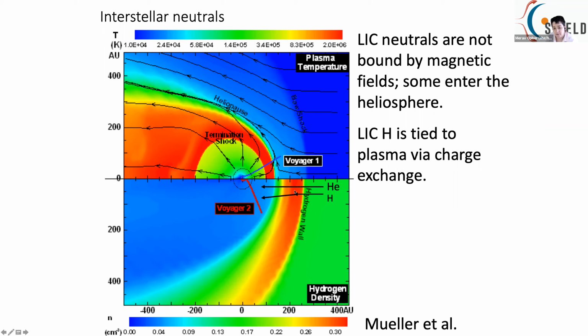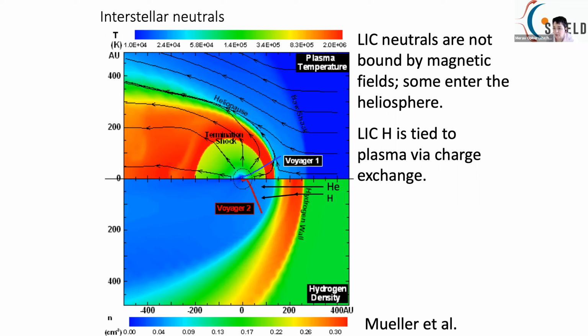There is another characteristic of the hydrogen that is worth mentioning before we go into the pickup ions: the hydrogen can charge exchange with an ion. The reason is that this medium is very collisionless, but charge exchange is a dominant process.